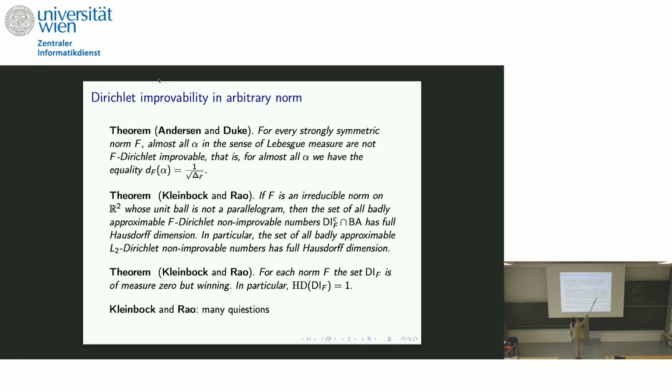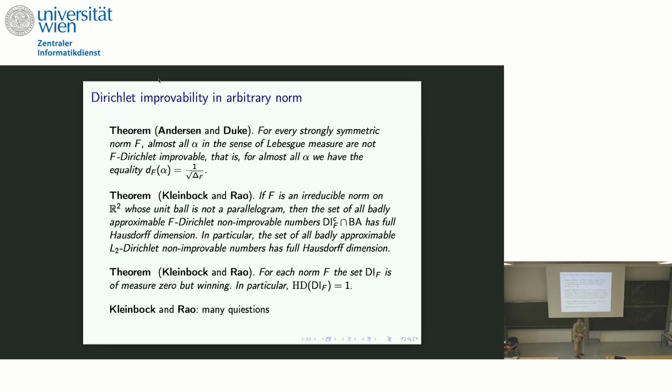Here, we do not have Dirichlet improvability, but we have bad, and it is possible for the set of full Hausdorff dimension. And one more theorem. So if it is zero measure, it is clear from the previous result, but it has full Hausdorff dimension.